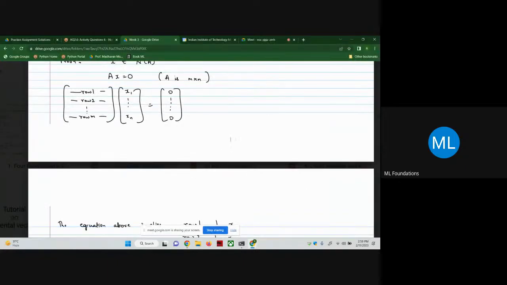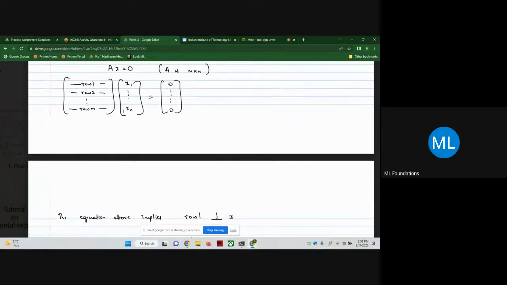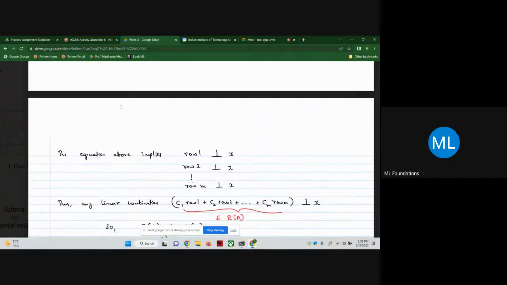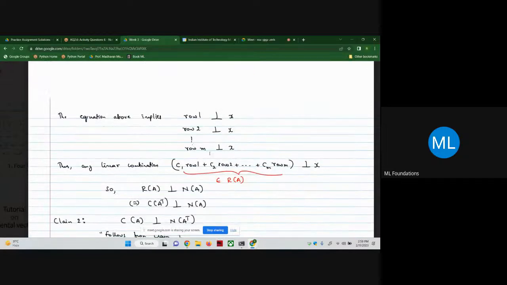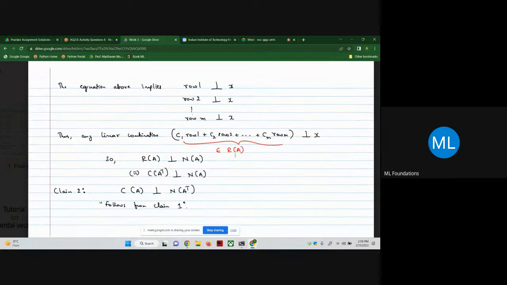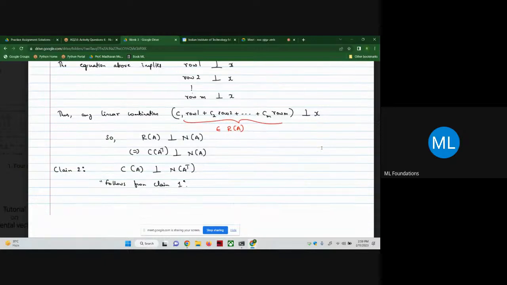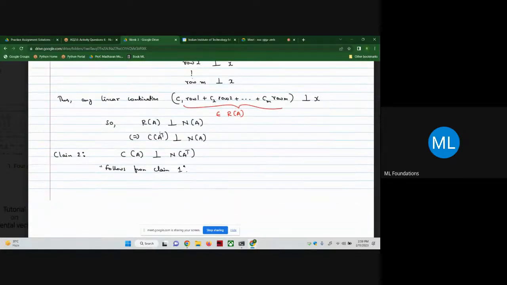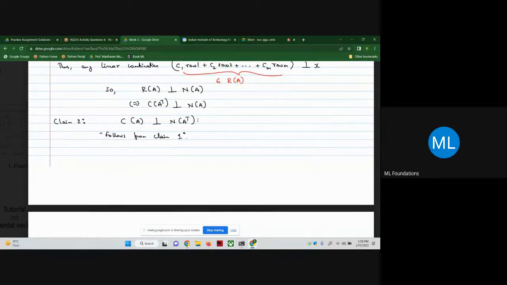So row 1 is perpendicular to x, row 2 is perpendicular to x, and so on, row m is perpendicular to x. This will be holding true for all the null space vectors. So the row space of A is perpendicular to the null space of A, okay.